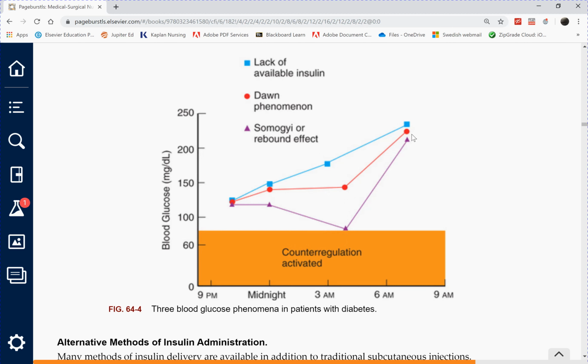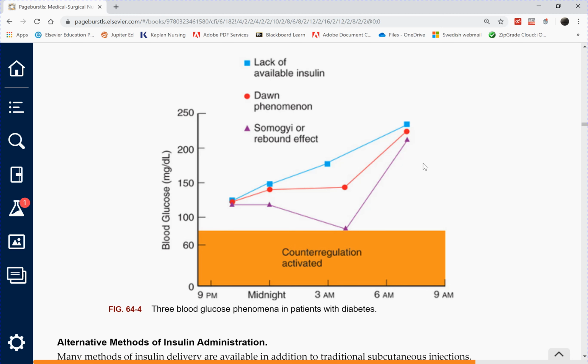If you look at the graph, both these patients at around 6 or 7 a.m. have a very high blood sugar, about 220 or 230 in the morning. Both conditions again result in morning hyperglycemia. This is actually more common than you think.